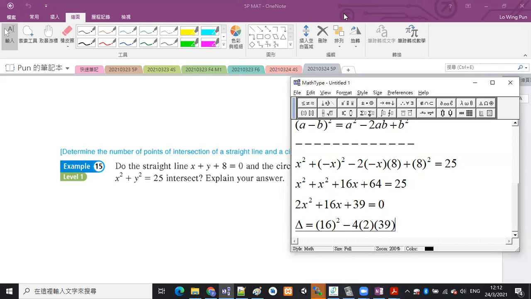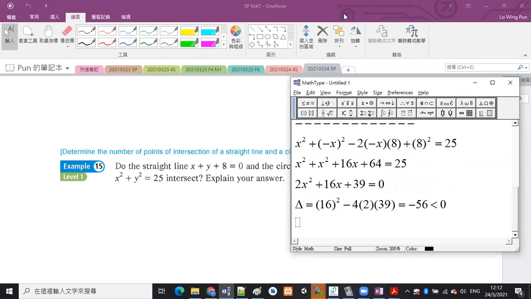Okay, can you help me? What is this number? 16 squared minus 4 times 2 times 39. Negative 56, right? Should be negative 56. And then just write that it is less than 0. Less than 0. And therefore, there is no solution.